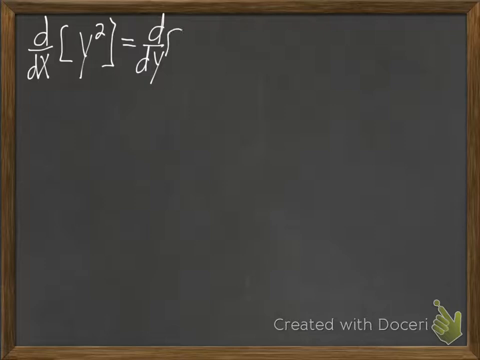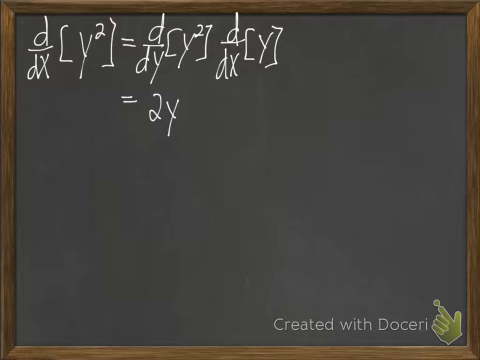If instead we had derivative of y squared, we would do the derivative of that with respect to y, the outer function variable, and then treating y as being dependent upon x, we would differentiate y, so that the whole derivative would become 2y, and then because we were differentiating y with respect to x, we have a dy dx term.